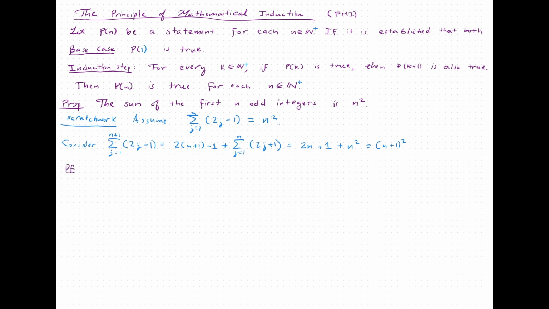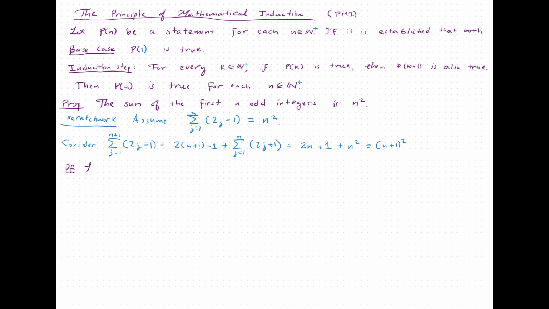So here's the proof. And when writing a proof by induction, and this is where my writing is going to differ from the book, and something that I highly encourage you to do, is to explicitly say what the statement that you're trying to prove is. So in other words, write down P of n.